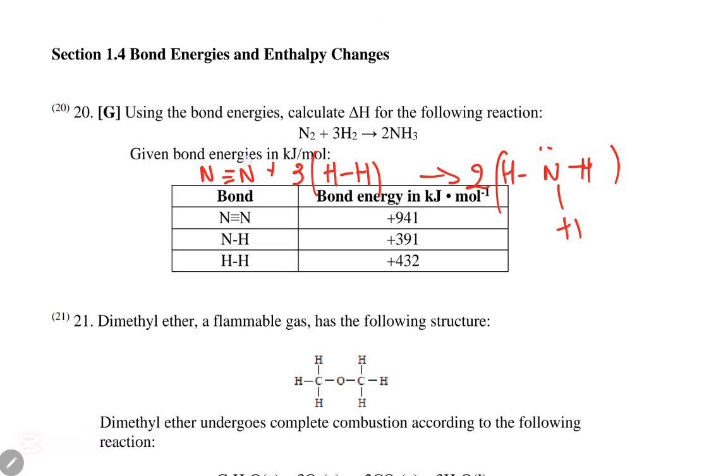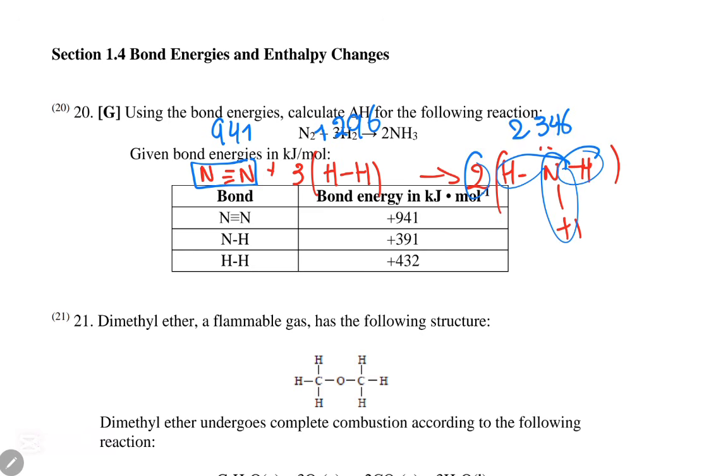So I have 1 N triple bond N, so that's 941. Then I have 3 times H single bond H, so 3 times 432, so 1296. And then I have 2 times 3 N-H bonds, so 6 times N single bond H, so 391. This will give me an answer of 2346.